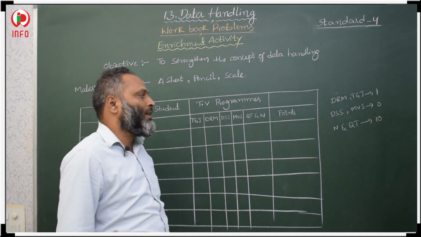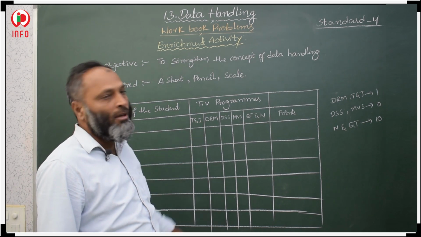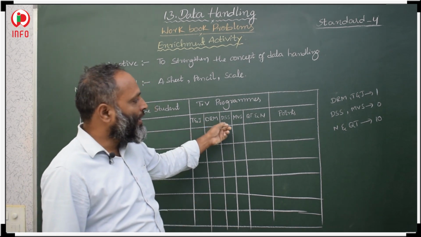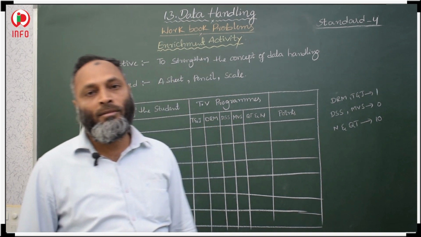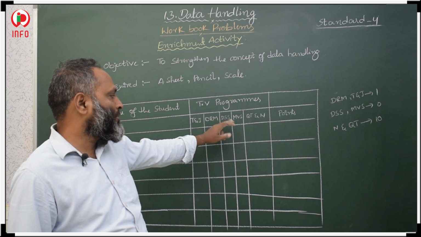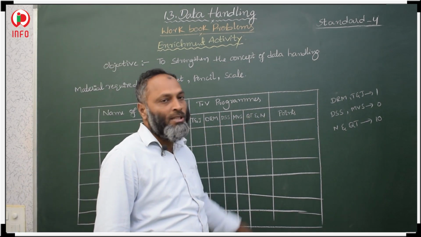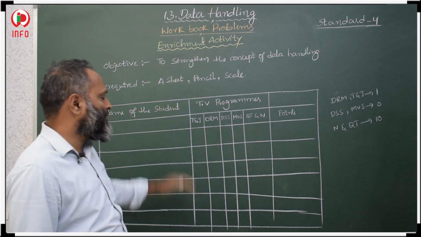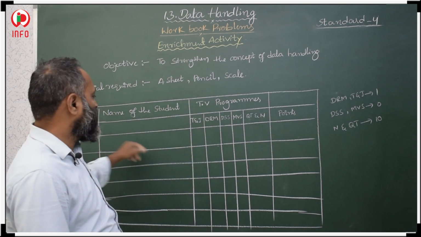About TV programs, TJ means Tom and Jerry programs, then Doraemon, and DSS means daily soap serials. Then movies, and QT means quiz time, and news. These 5 channels. Those who are watching these channels, just make a tick mark.